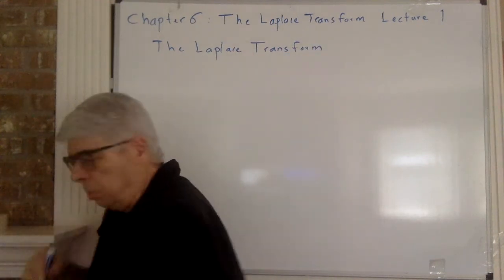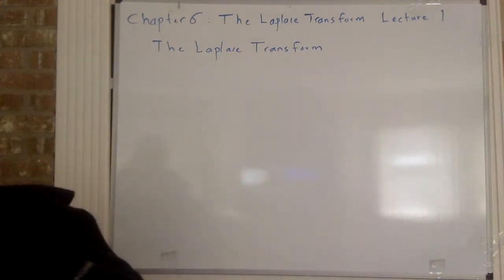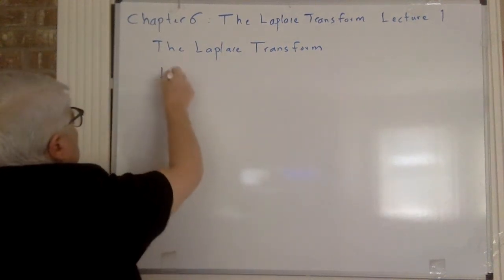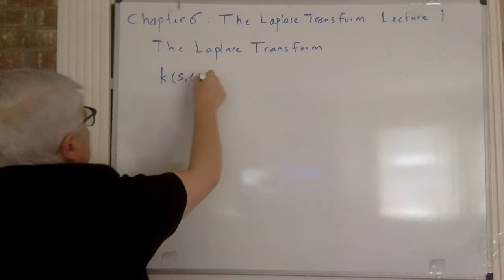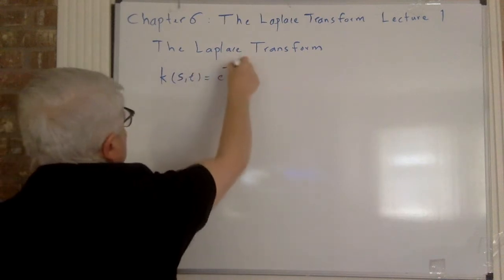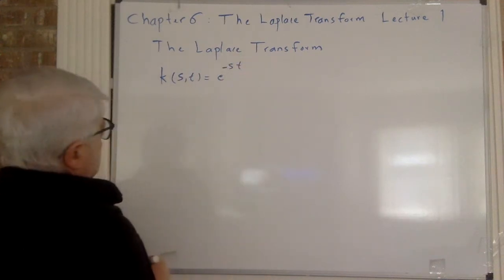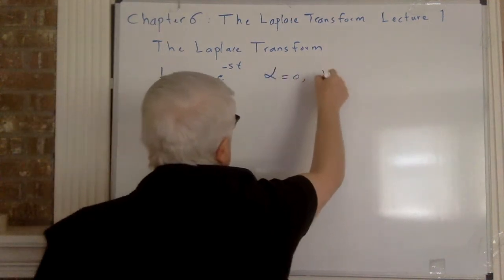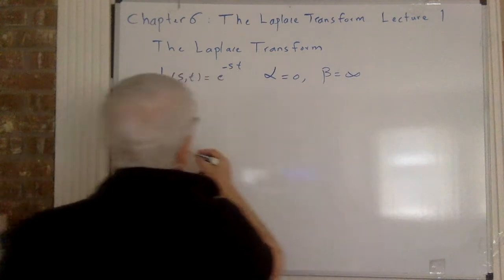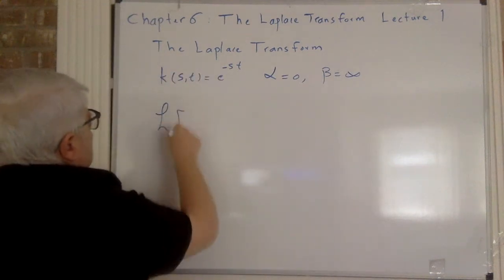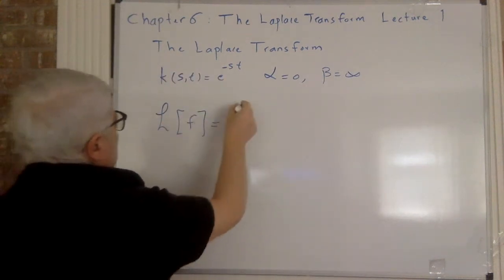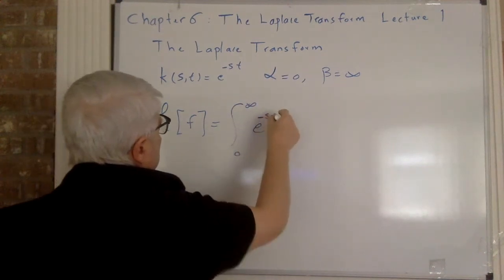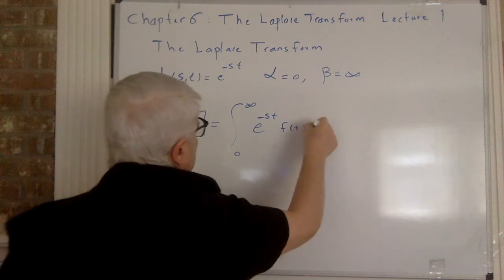Okay, so the Laplace transform is a transform whose kernel is e to power minus st, and alpha is 0, beta is infinity. So the Laplace transform of a function f is the integral from 0 to infinity of e to power minus st f(t) dt.